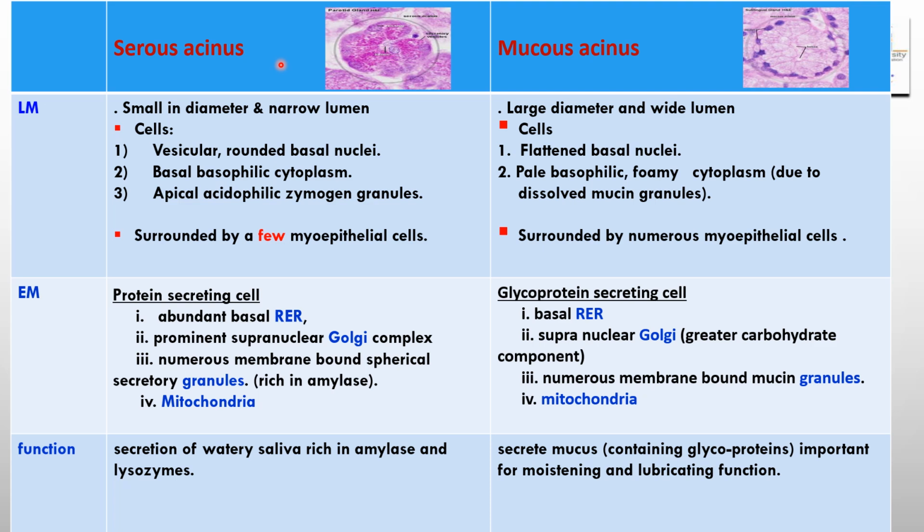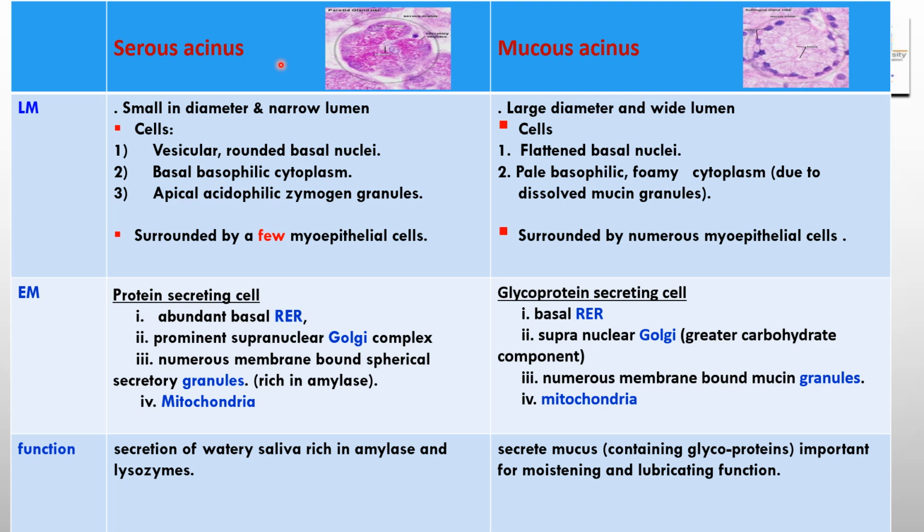By electron microscope, serous acinar cells have protein secreting character with abundant basal rough endoplasmic reticulum, prominent supranuclear Golgi complex, numerous membrane-bounded spherical secretory granules, and numerous mitochondria.